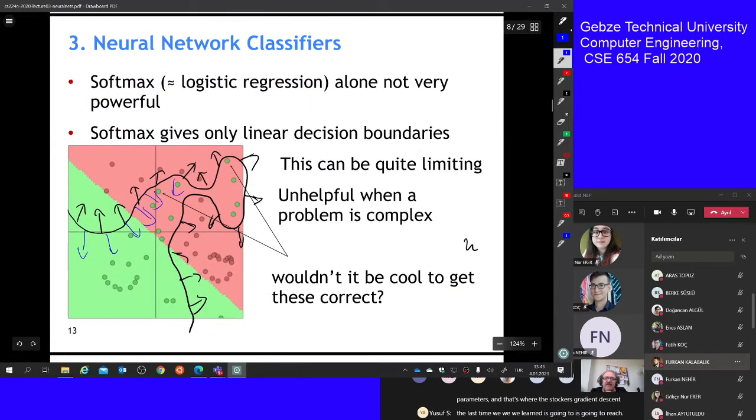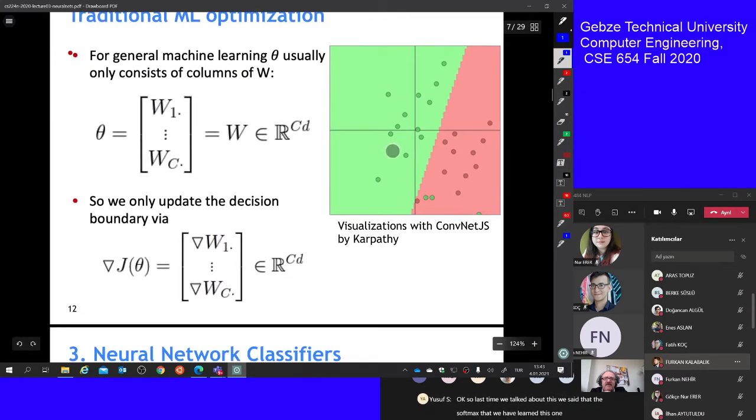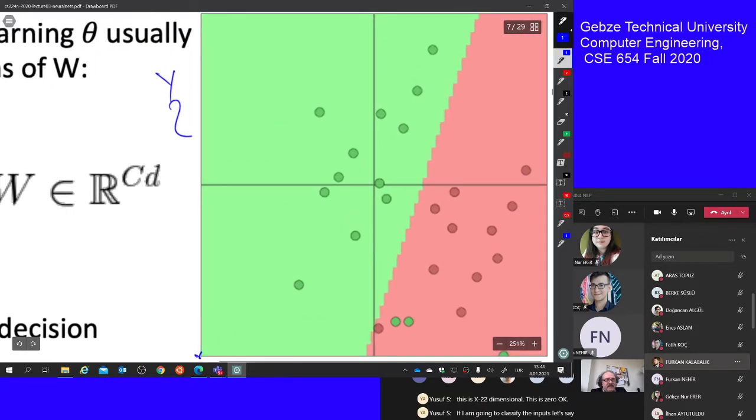Okay, so last time we talked about this, we said that the softmax that we have learned is a very linear operation. You only do w times x, and we get f. Okay, so it's a very linear operation. Linear operation means that, let's say I have a two-dimensional axis, not 600 dimensional, but two-dimensional, so that it is visualizable. So this is x1 and this is x2, two-dimensional, this is 0. Okay, if I am going to classify the inputs, let's say this is input number 10.